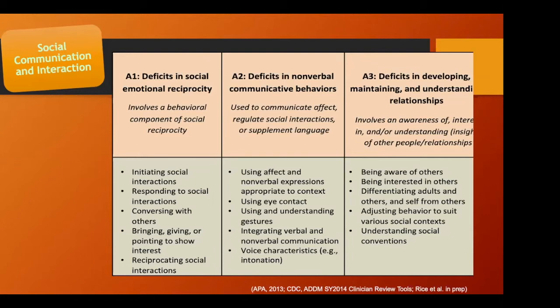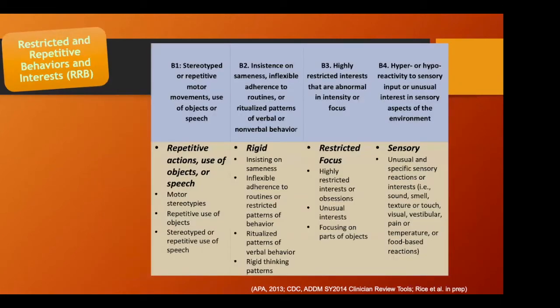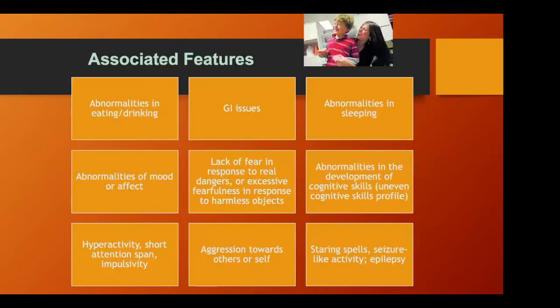And so what we've done is we've taken the concepts and the themes of each of the criteria, similar with each of the restricted and repetitive behaviors, as well as associated features.